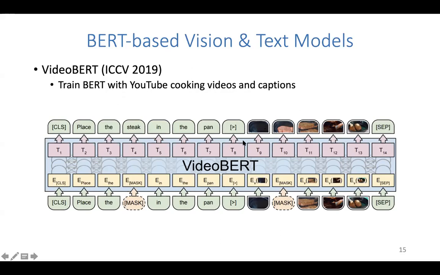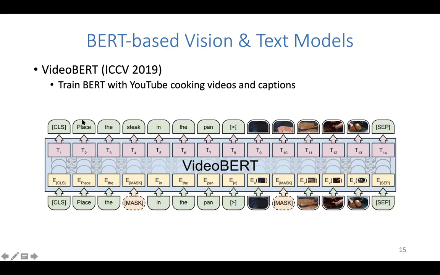For encoding the images, they discretize the image into some codes, like a word. Note that there is no CNN. They probably use a discretized VAE or some kind of quantization algorithm to discretize the pixels into a set of codes.